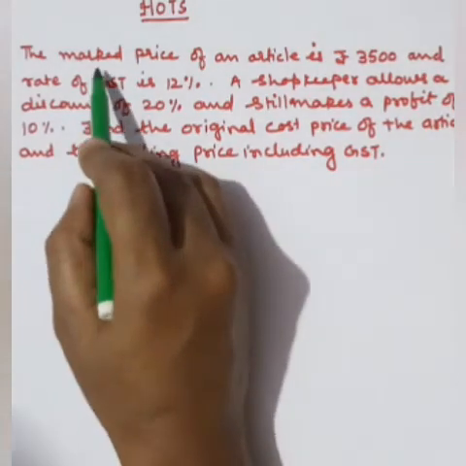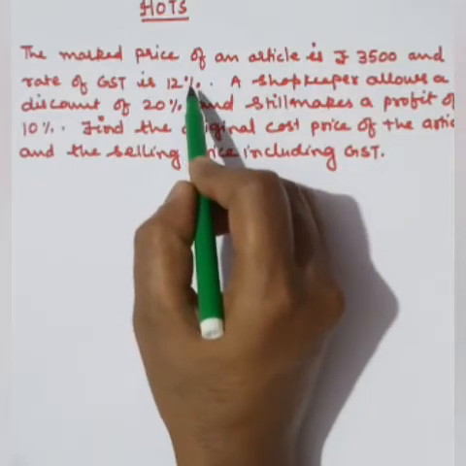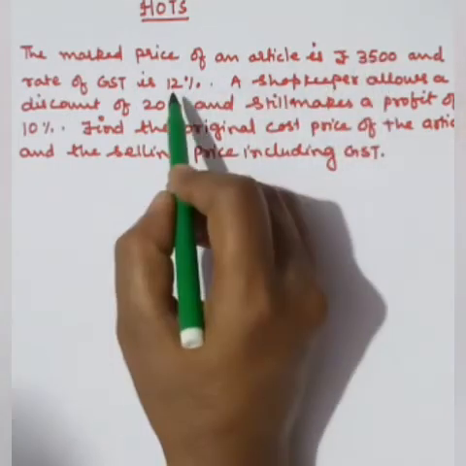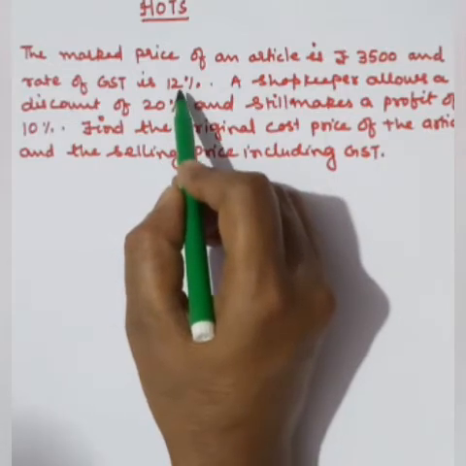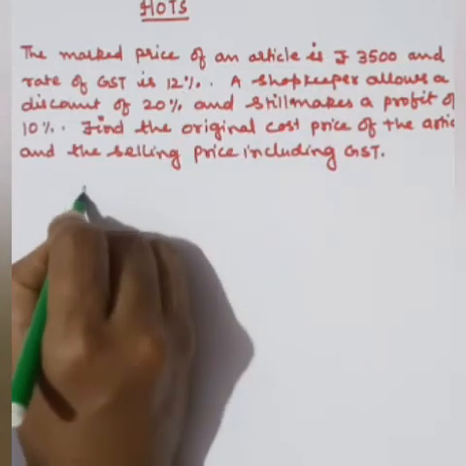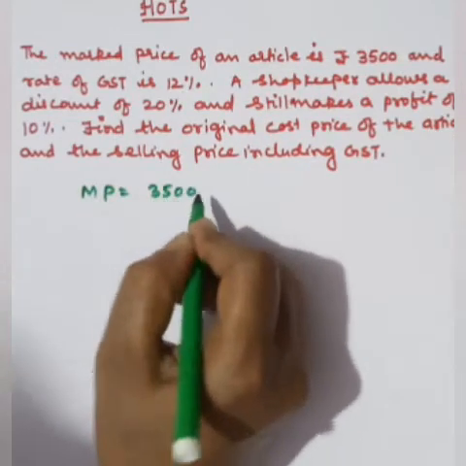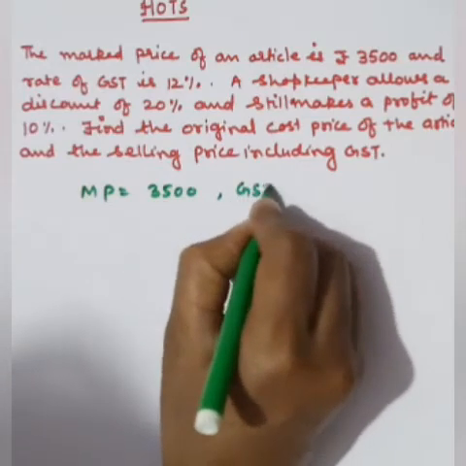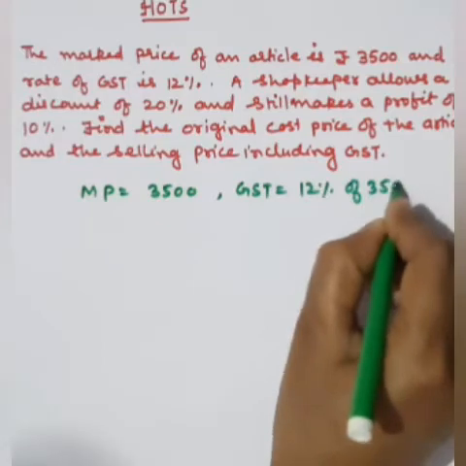First of all, see, mark price is 3500, GST is 12%. So the shopkeeper will always include the price of GST also, the percentage of GST also. So see here, mark price is equal to 3500, GST is equal to 12% of 3500, isn't it?